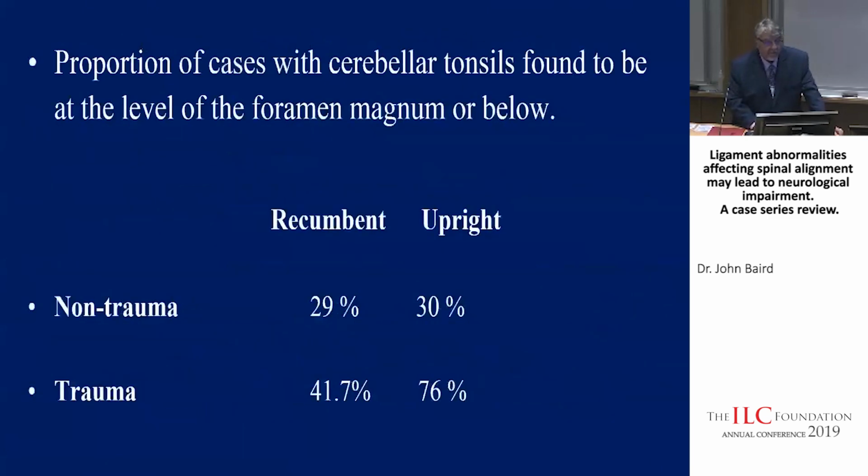So here's a proportion of cases in the non-trauma group. They could see abnormalities at the foramen magnum 29% of the time in the recumbent population, 30% of the time in the upright population. But in the trauma group, when they're lying down, it was 41.7%. But when they went upright in the effects of gravity, the number increased to 76%.